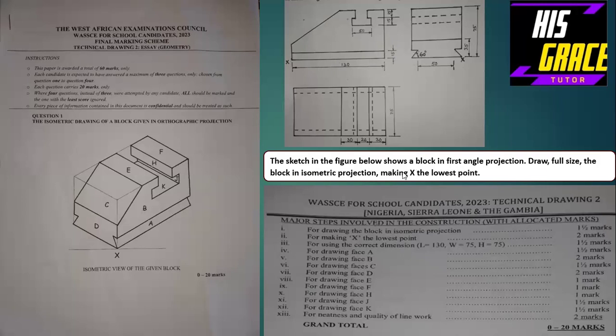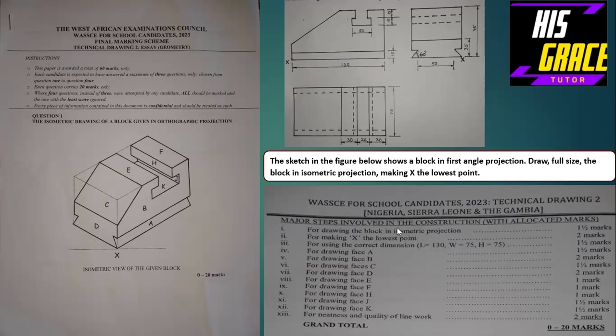Draw full size the block in isometric projection, making X the lowest point. These are the views that are given. This is the front elevation, this is the plan, and this is the end elevation. These views are given in first angle projection as we are told here. Now let's look at the marking guide as it goes.